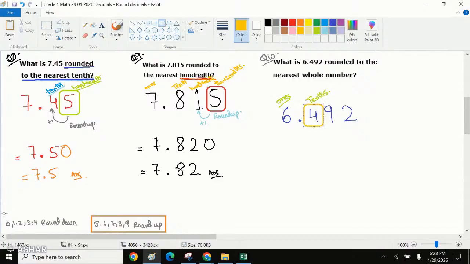And we know that if it's a 4, we round down. Agreed? That means we are rounding it down. Agreed? That means it does not make any difference to the number before it. So we can write this as 6.0 or we can write 6 as the final answer.